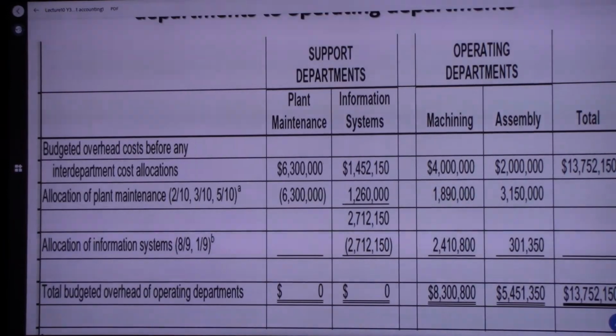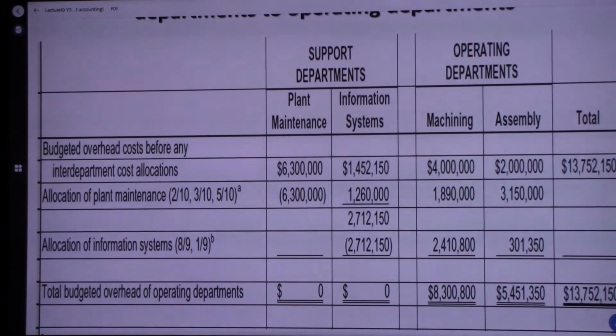How are costs going to be allocated? Based on ratios. The ratios given are 20% for information system, 30% for machining, and 50% for assembly.